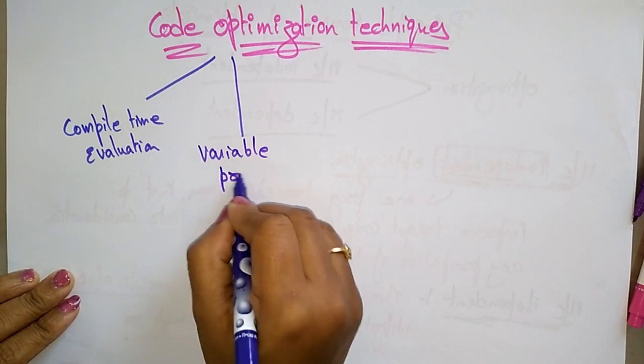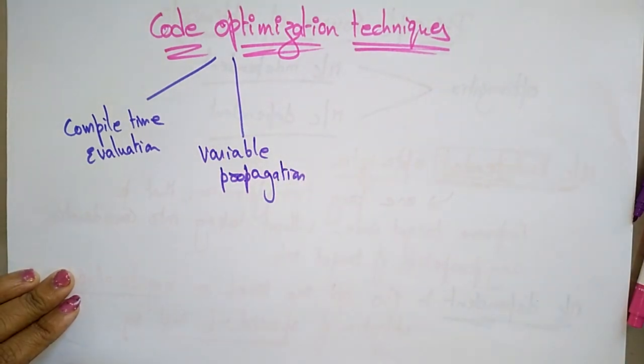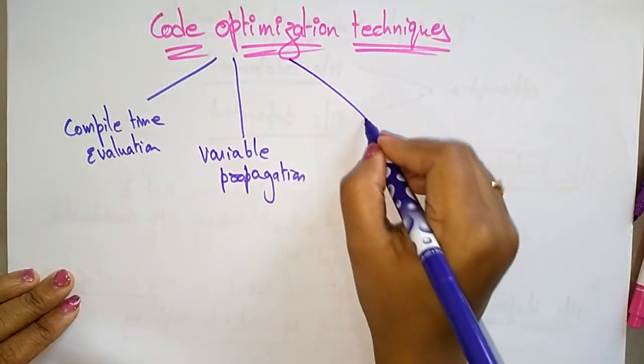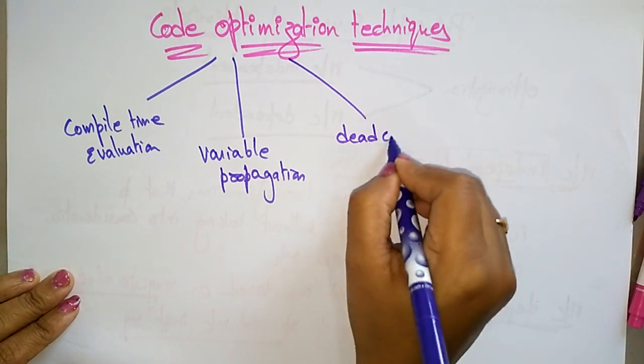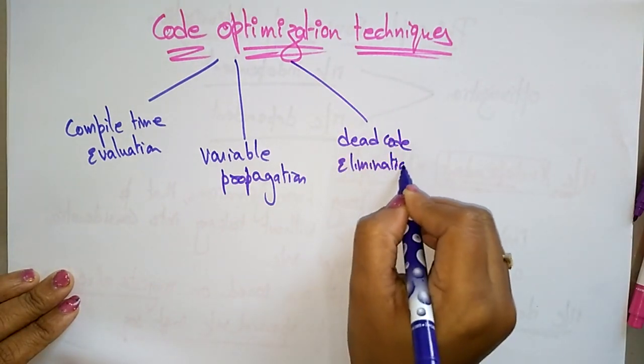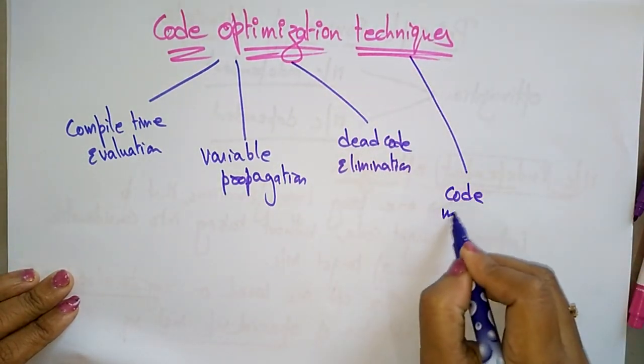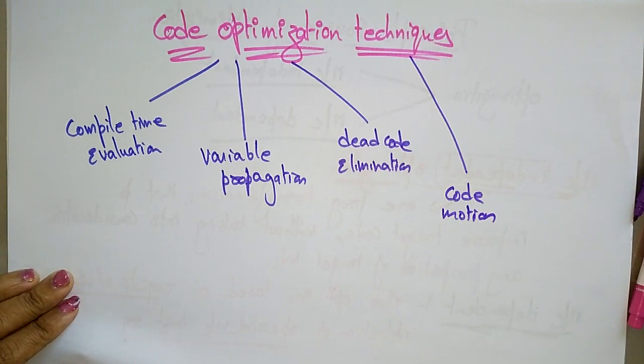And the next is variable propagation. And the next one is dead code elimination. And still the code motion.